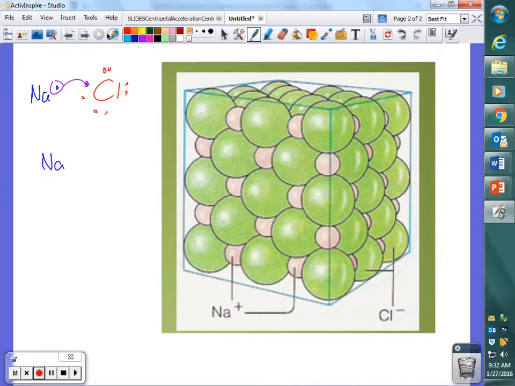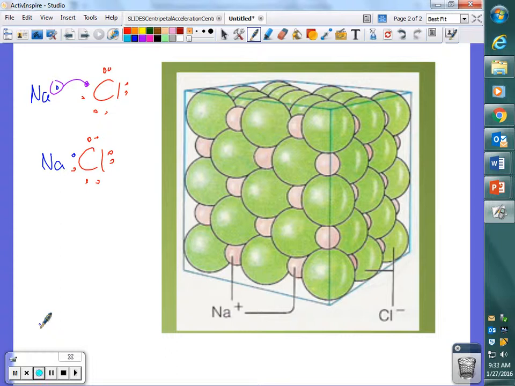Na attracted to this Cl, but that Cl is holding on to that electron that's sodium's. Right? Now, it's real easy here to see this sodium transferred an electron to this chlorine, and now they are bonded together ionically.